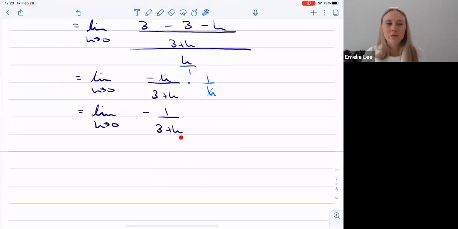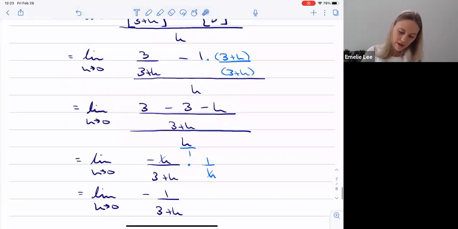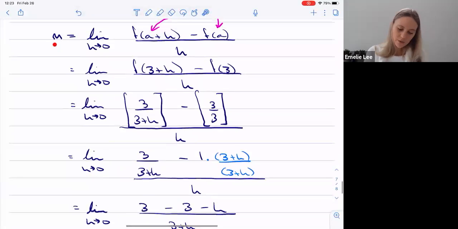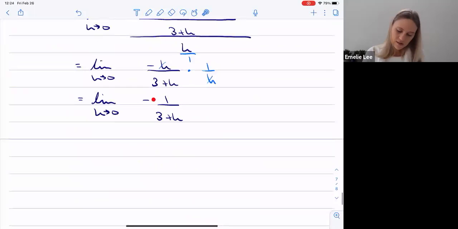Now, when I let h go to 0, I'm not dividing by 0 anymore. And so now I can say that my slope, which is where we started, the slope at x equals 3, or (3, 1), is going to be -1 over 3.